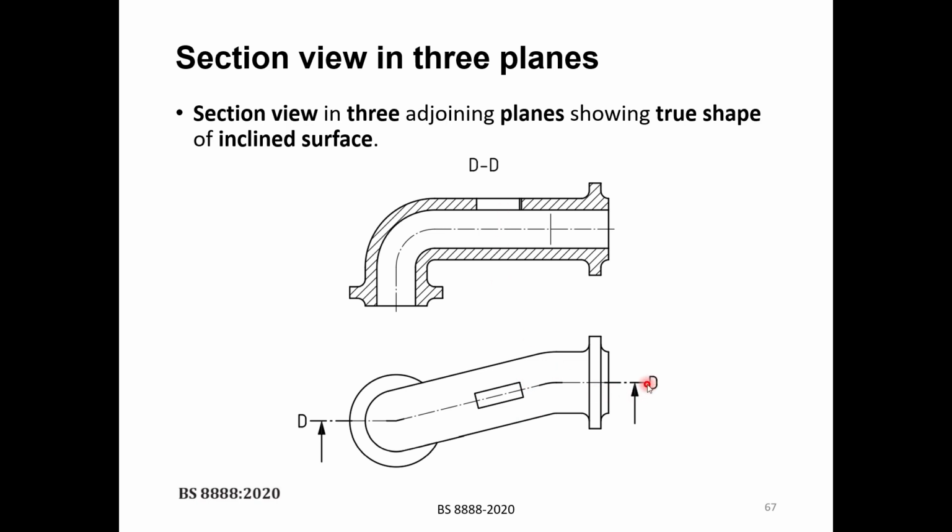You can just imagine you have one plane, then the second plane, then the third plane, and you had to go along these three adjoining planes, so that when you get rid of this bottom part and you look in the same direction as the arrows here, you will be able to see the true shape or the internal detail of this component clearly. You'll be able to see the slot, what is happening here, and this internal detail as well.